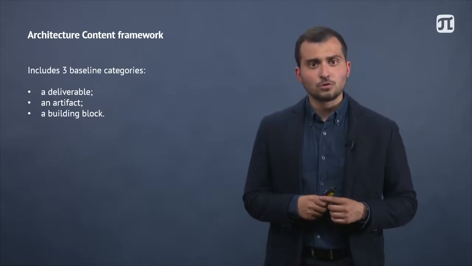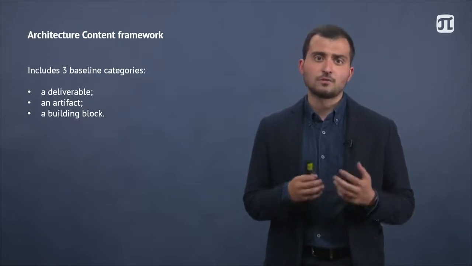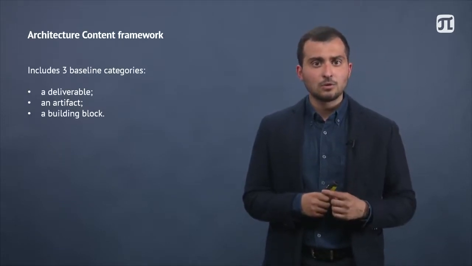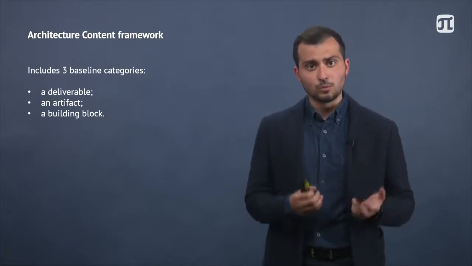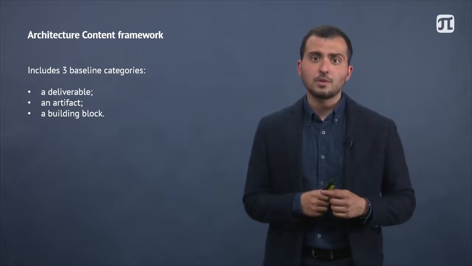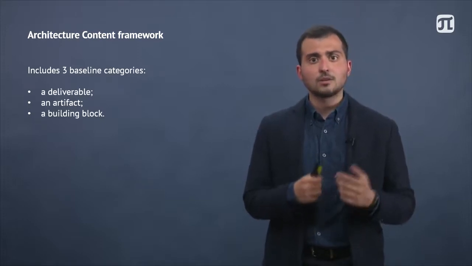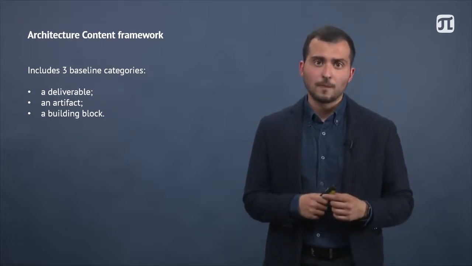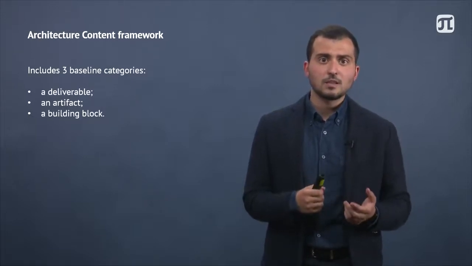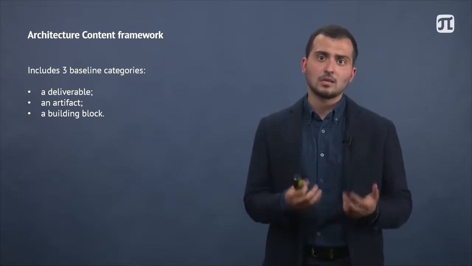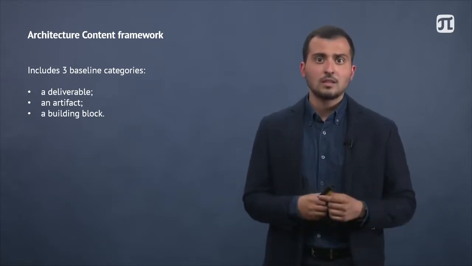Next important notion of TOGAF is architecture content framework. It is established to describe the type of architectural work product within the context for use. For this, we have 3 categories: a deliverable, an artifact, and building block. A deliverable is a work product that is contractually specified and formally reviewed, agreed, and signed off by the stakeholders.